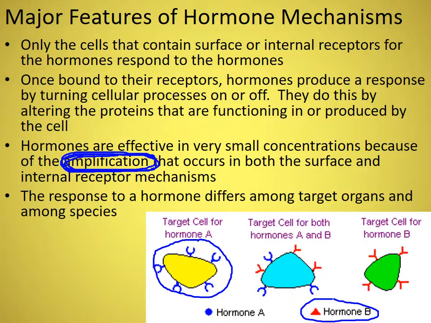That's what this amplification process is known as. And again, the response to a hormone will differ among target organs and among species as well. So we see that different types of hormones will stimulate or inhibit specific responses in our tissues and our organs. And we see this in other species as well.